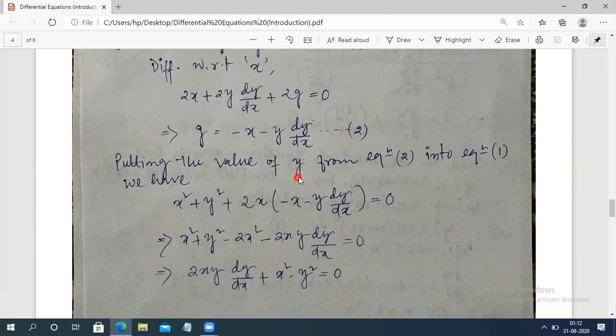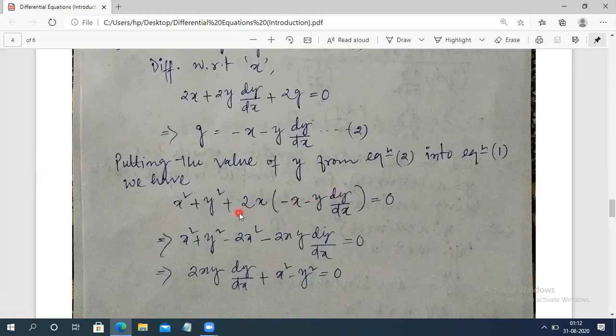We are finding the value of g because in the second step we have to eliminate the arbitrary constant. So in place of g we can write minus x minus y dy by dx in the given solution, that is x square plus y square plus 2gx.